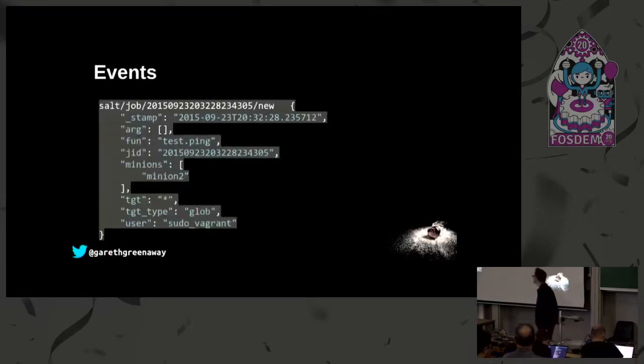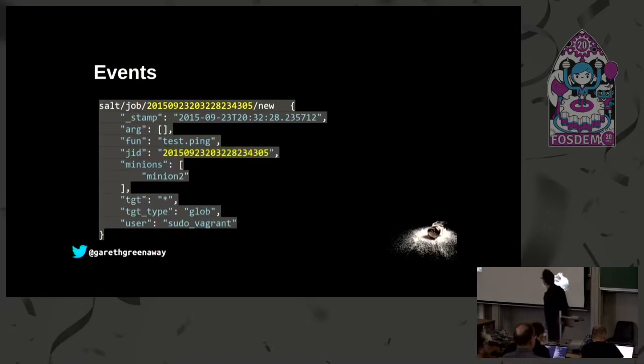So here's a typical event that you would see on the Salt event bus. In this case, this is a new event that's been generated. The tag identifies the event that was fired, and the data contains details about the event.